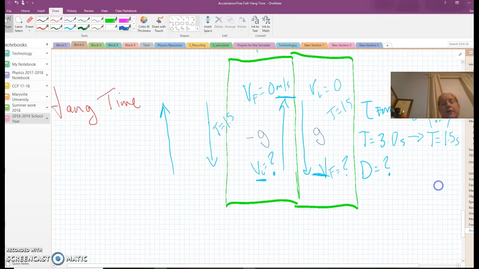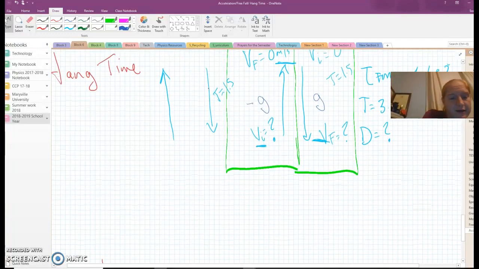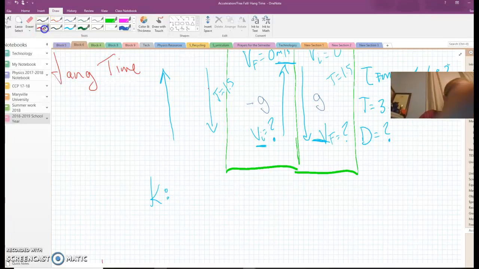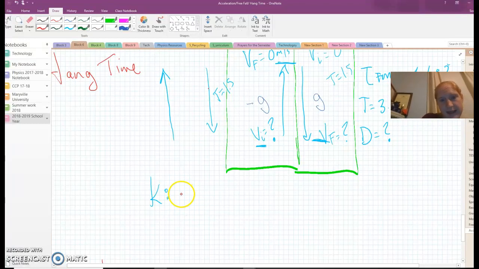Okay, so here's a real life experience. I shoot a basketball up into the air, and my friend times how long it's in the air. I record how long it takes me to jump, up to hitting the ground, and I can figure out my vertical. So let's set up K.N.E.W. K, what is known? What is known from my rocket equation is my time, and I'm only picking side 1.